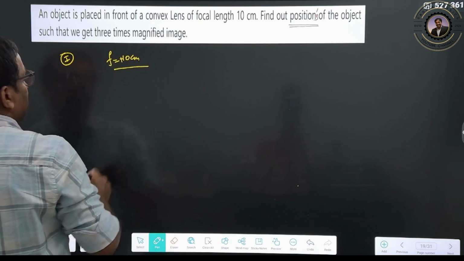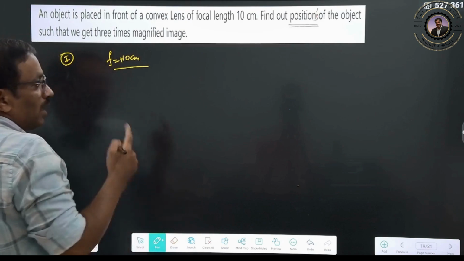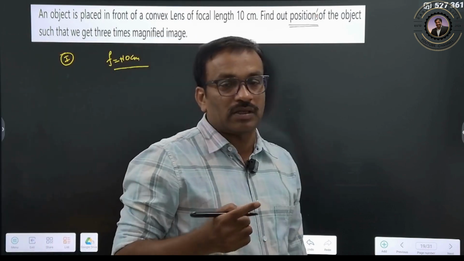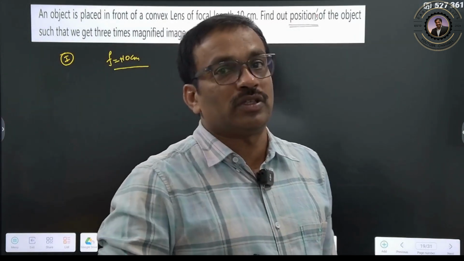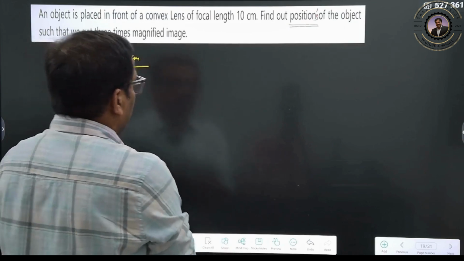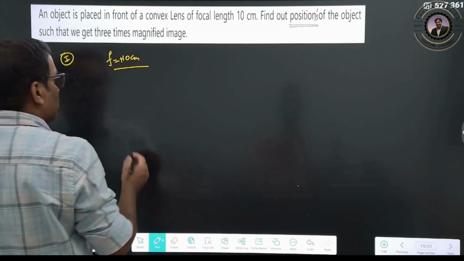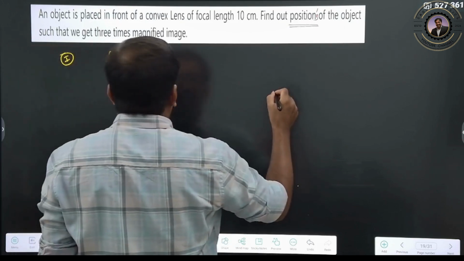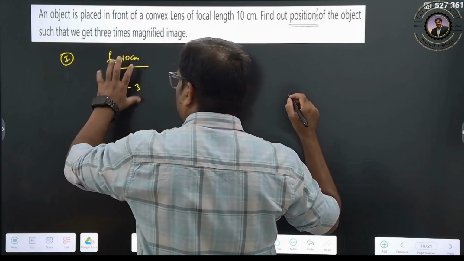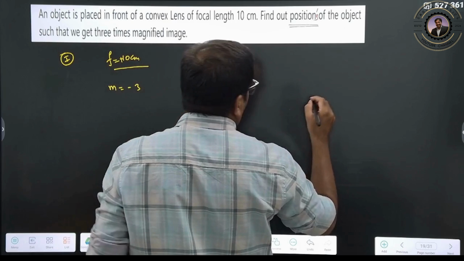Now we can get magnification. Why do I talk about positions? Because one is we can form a real image and another one is a virtual image, clear? So first of all for the real image, magnification will be equal to minus 3. This is for a real image which can be formed on the screen.